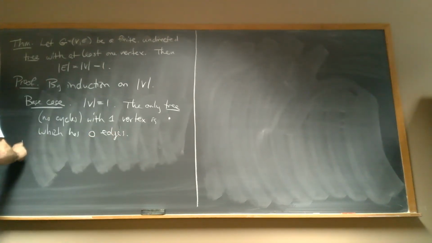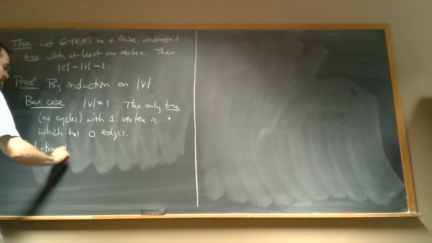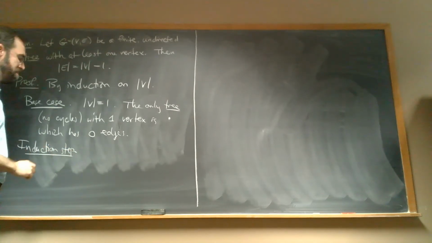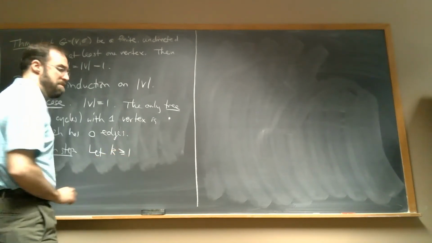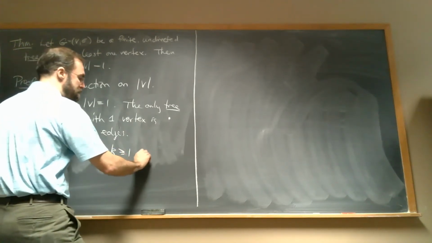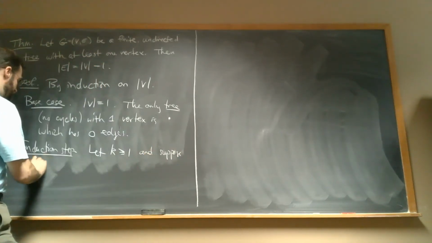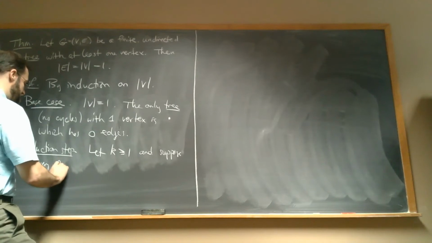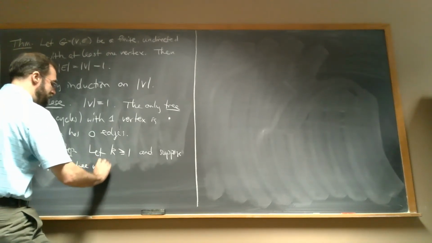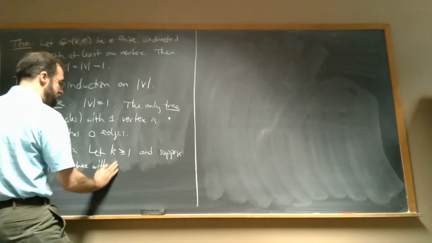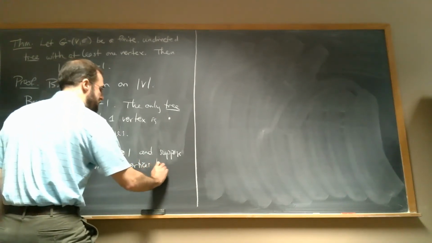Okay, let's look at the inductive step. Let k be a number at least 1, and suppose every finite tree with k vertices has k minus 1 edges.